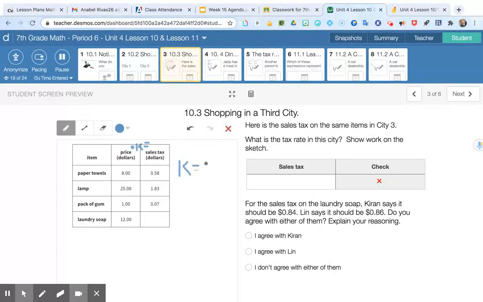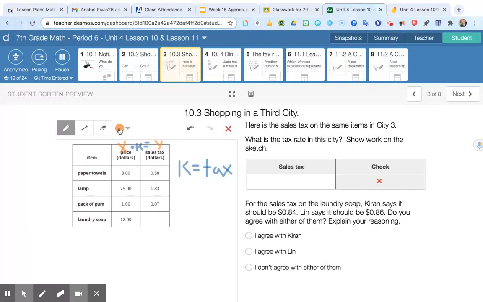K equals tax. So we're back to something that we've done a lot of. Price is my X, sales tax is my Y. So X times K equals Y.